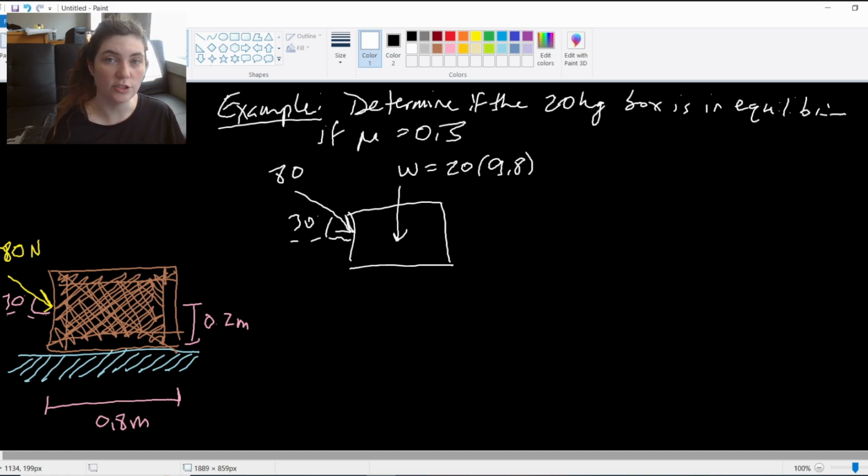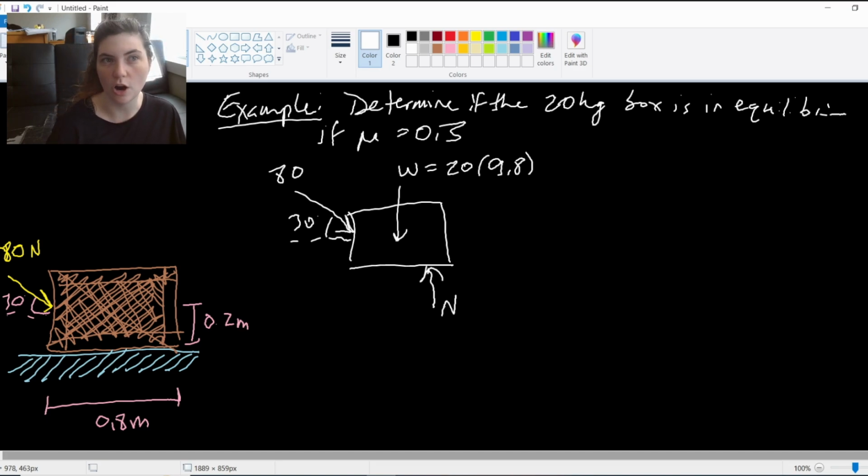Then, of course, I have to do my normal forces and my frictional forces. And it's important to note here that our normal force is not going to be directly beneath that weight. It might be offset, right? And in the case that it's tipping, it's going to be in the corner, and we don't know exactly where this normal force is shifted because of the applied load.